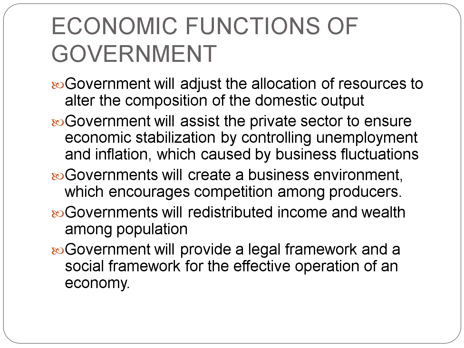Support on finance. If you see the points that I give, the government will adjust the allocation of resources to alter the composition of the domestic output, because as we know, resources are very limited, or we can say there is scarcity. Because the government is the controller of the economy, they have the task to make sure they adjust the allocation of resources so that we can fulfill the domestic output needs.